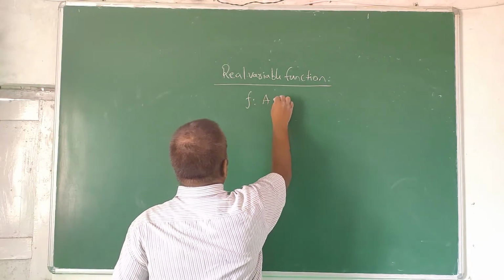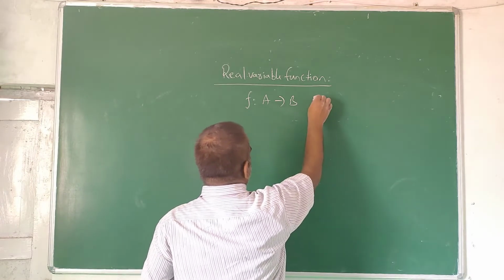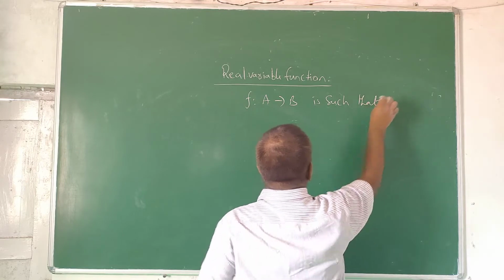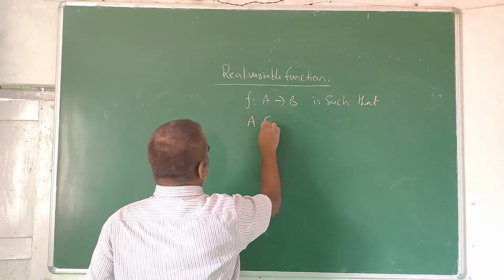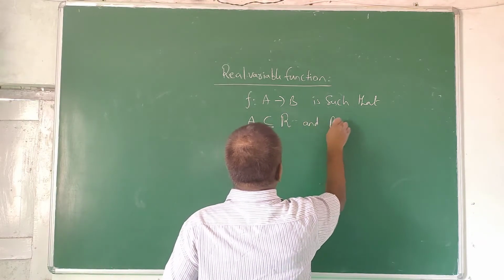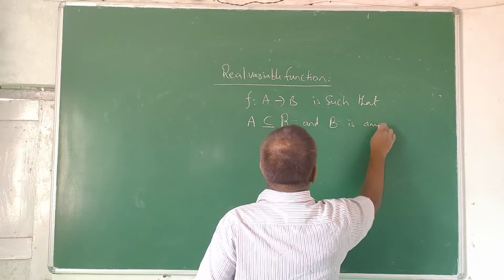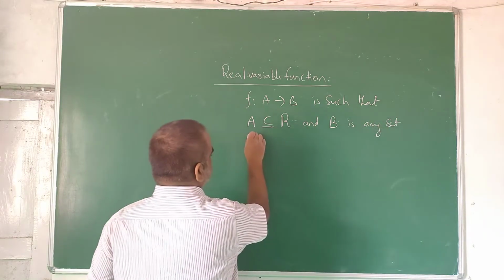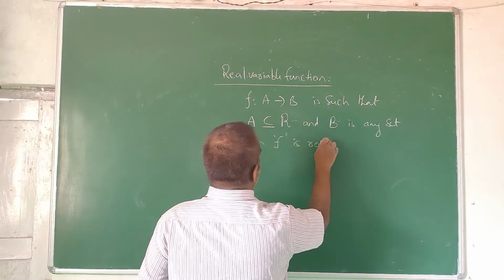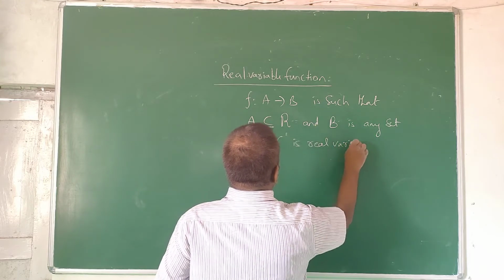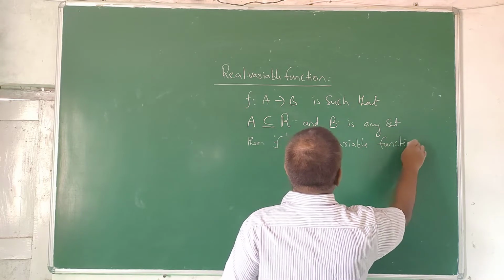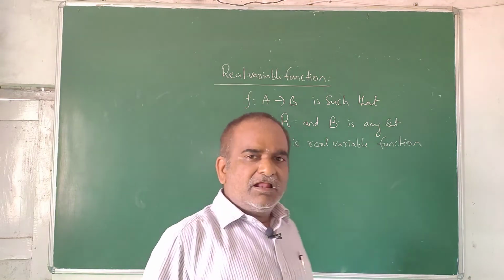f maps A to B is such that A is a subset of R and B is any set, then f is a real variable function. Understood?